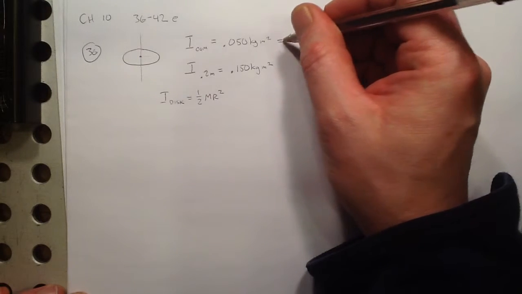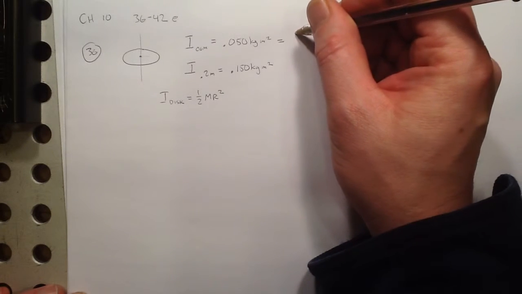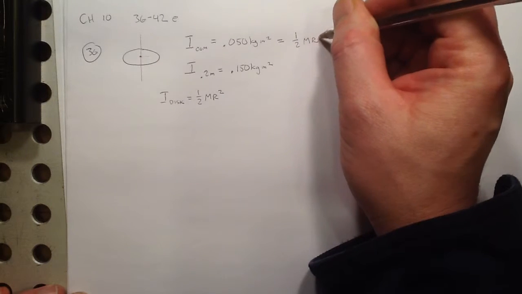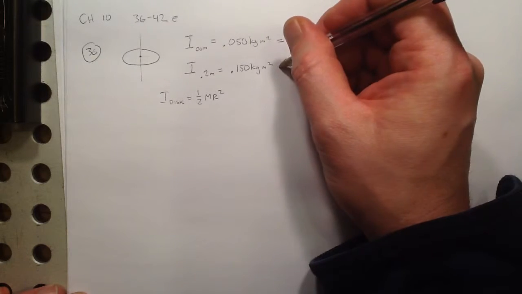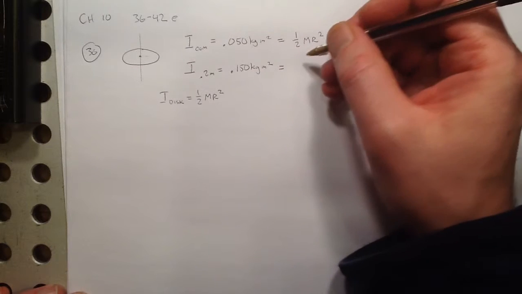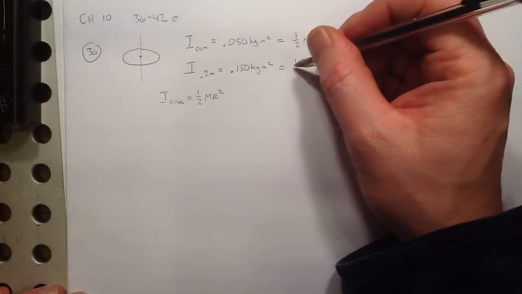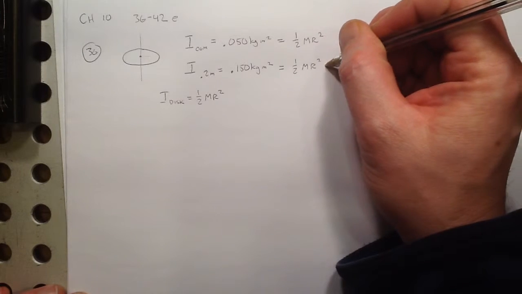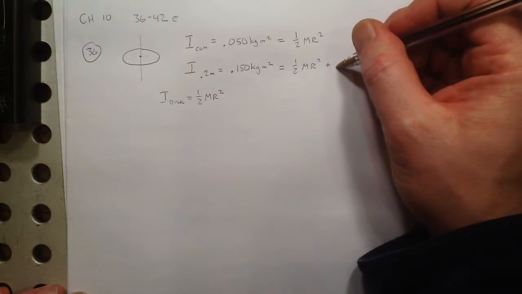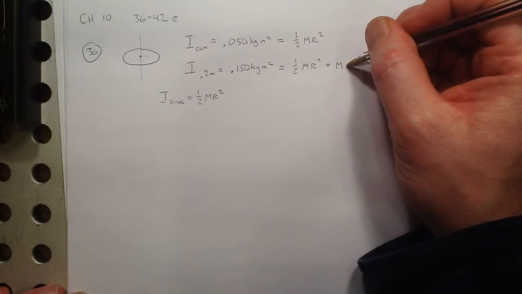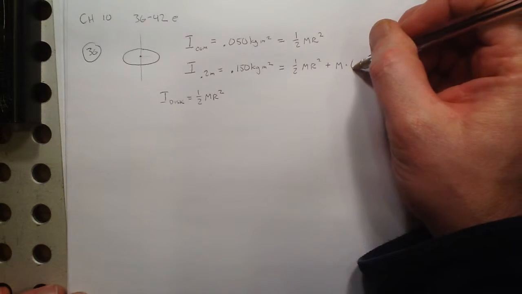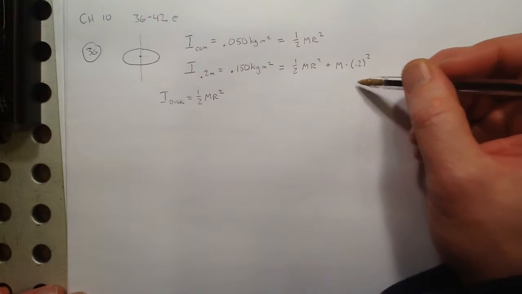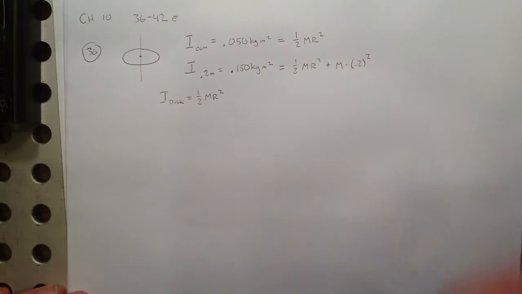So I know that this here is equal to 1/2 mr squared, and this is equal to 1/2 mr squared plus the mass of the disk times the shift squared. Right? This is the parallel axis theorem.